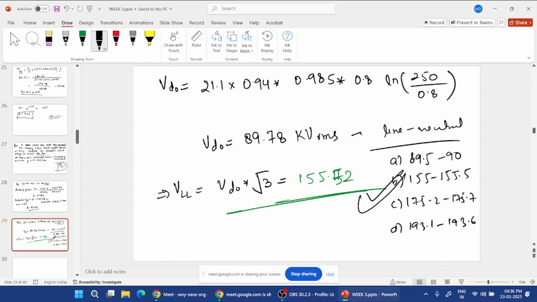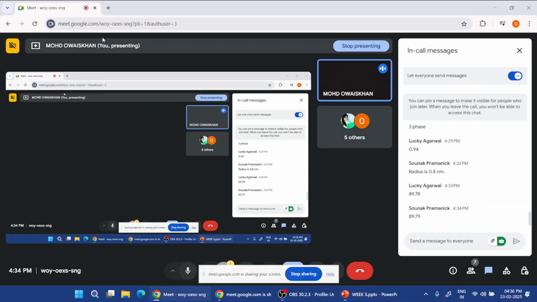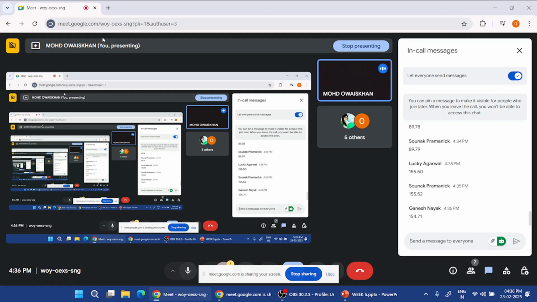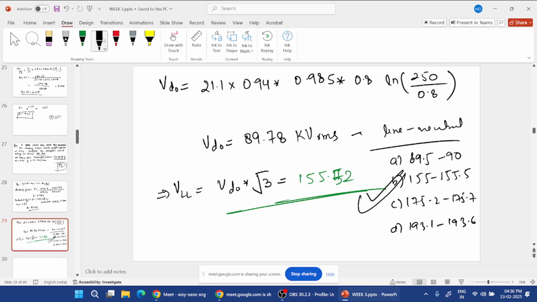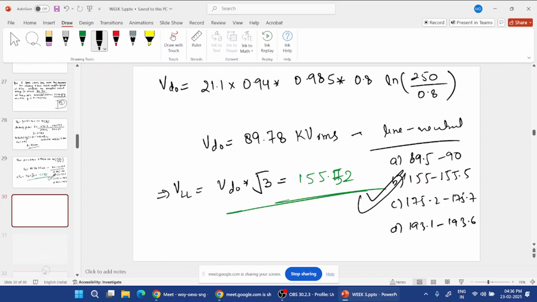So basically option B will be the correct one. Okay. Now we will solve another question.